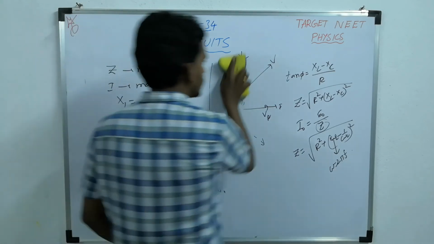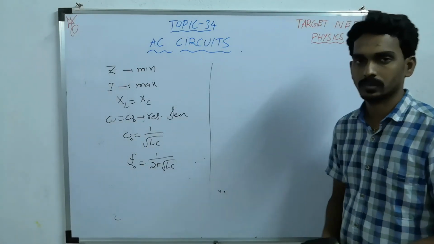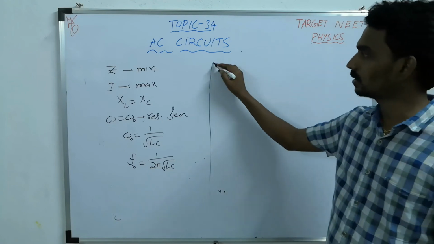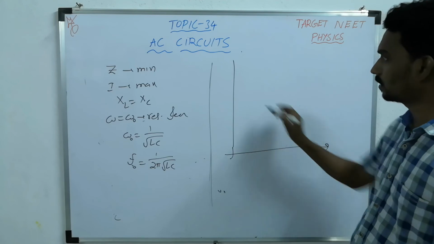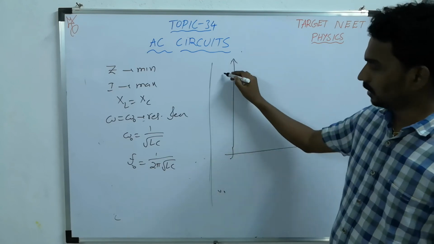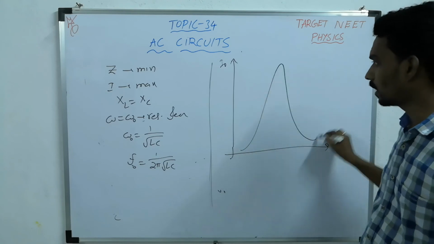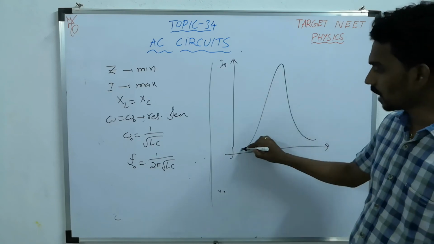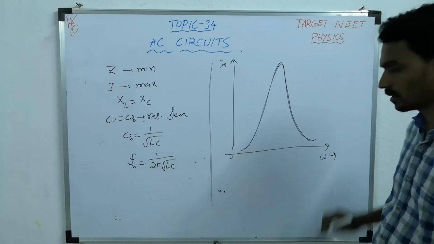Or you can take the same thing in graphical manner. If you take here I naught, the graph will come like this. First amplitude increases, then decreases as omega increases.